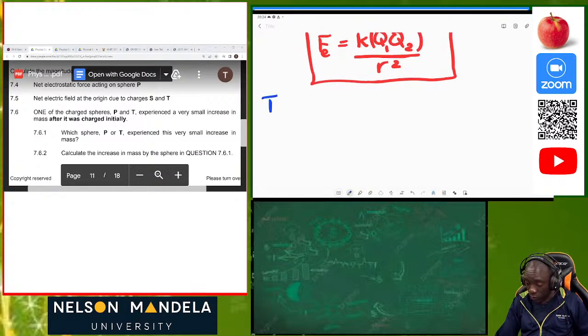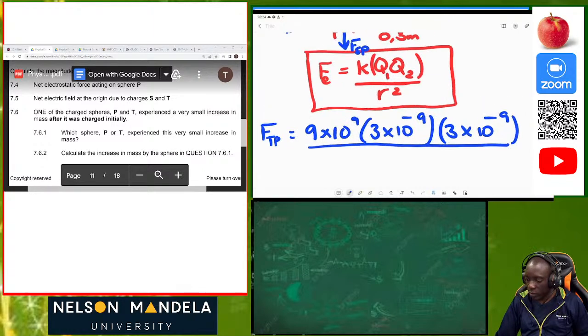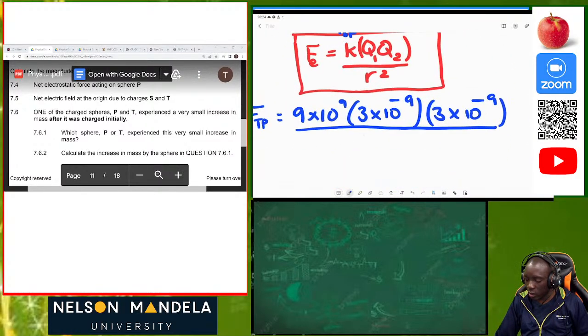So for FTP, we have 9 times 10 to the 9 for K. Then Q is 3 times 10 to the minus 9, times another 3 times 10 to the minus 9, over, we say this one is along the x, 0.3 meters squared.